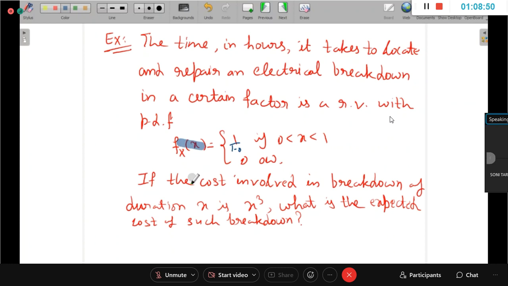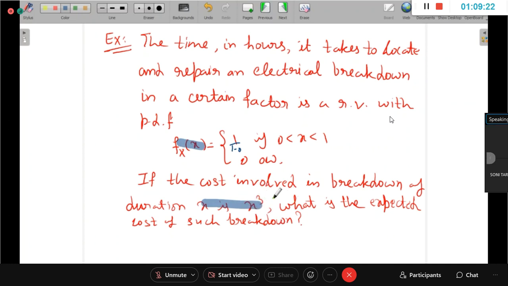Now what is given is that the cost involved in a breakdown of duration x is x cube, meaning whatever the number of hours, we are charging the cube of that. 1 hour is 1 cube, it may be $1 or 1 pound or 1 rupee or whatever. So what is the expected cost of such a breakdown? So I'm interested in this.